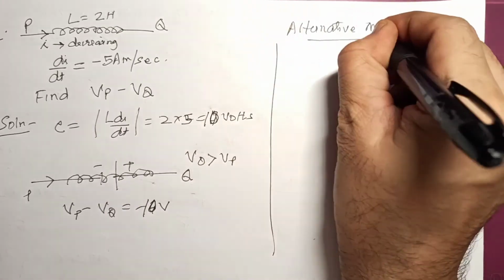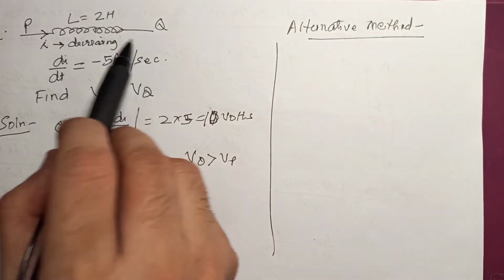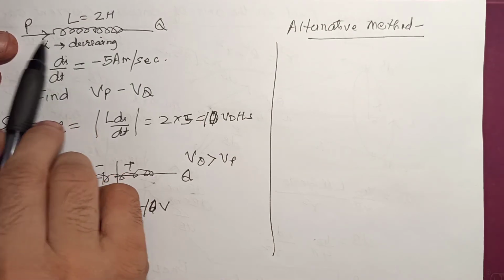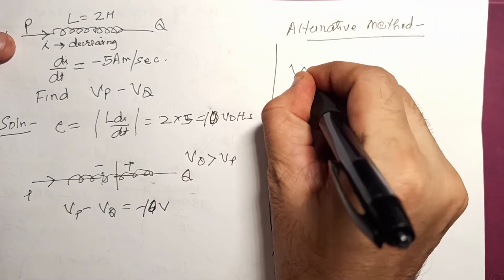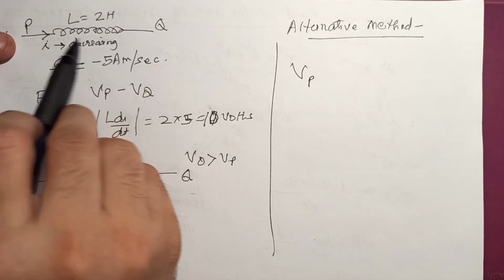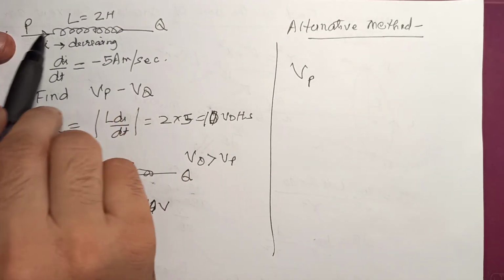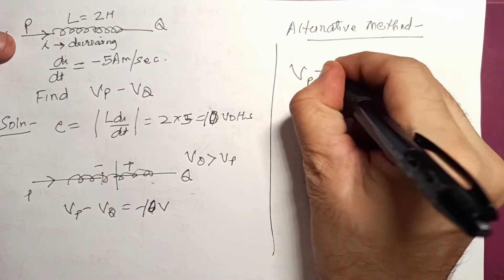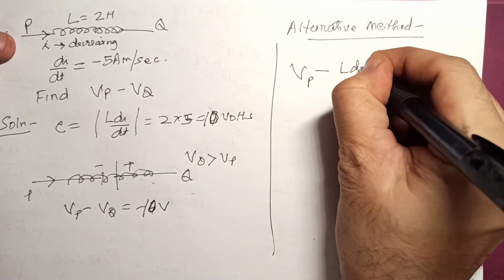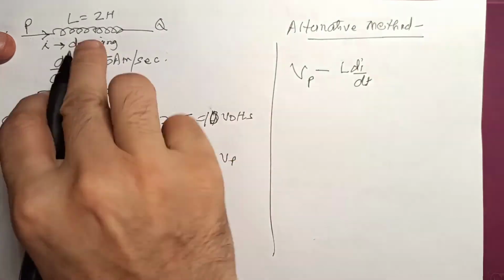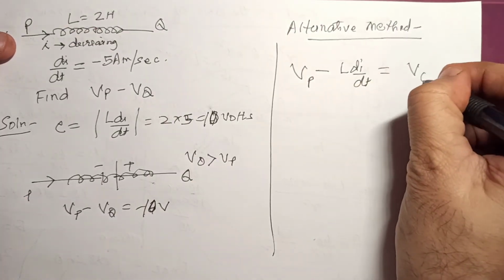Now the alternative method is, look at this. See, the current is flowing in this direction. So let's say it is Vp, correct? Now when it is flowing in this direction, there would be some drop here. So use that with sign. So I can write L di by dt, correct, is equal to Vq, simple.